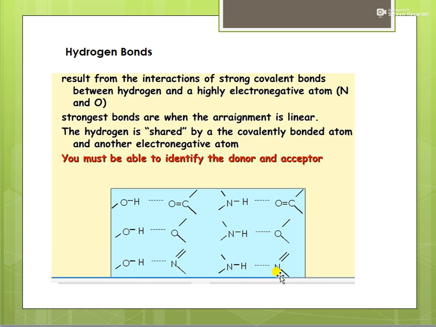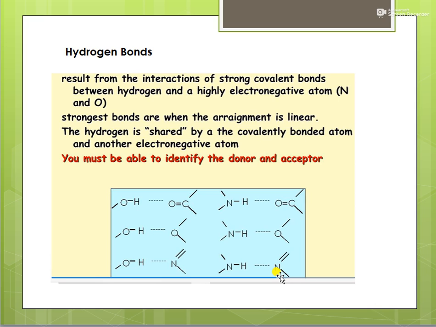So, in the case of a hydrogen bond formation, you always have a hydrogen donor as well as a hydrogen acceptor, and it could be either nitrogen or oxygen. And hydrogen bonds are usually formed between charged as well as uncharged molecules.